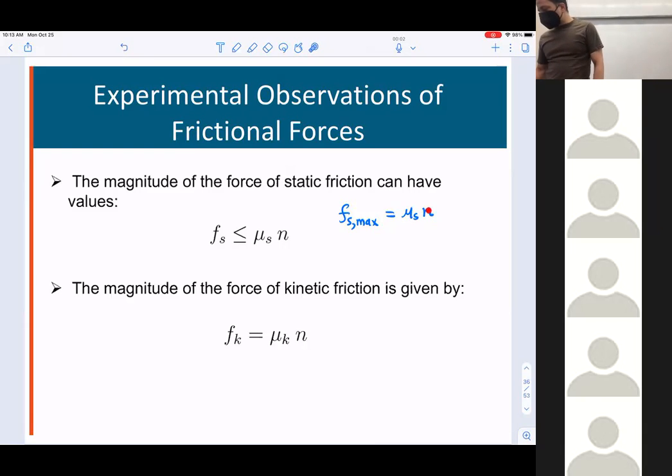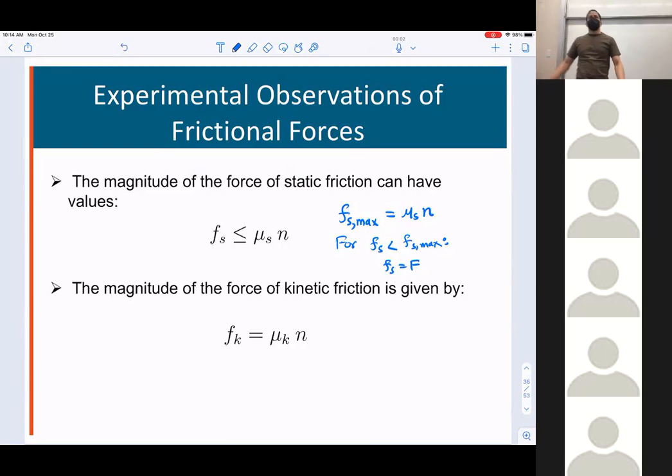And it depends on the normal force, that is how much in contact the two surfaces are. And for the other part, where you're not at the maximum, for Fs less than the maximum value, remember that Fs is just equal to the force that you apply.